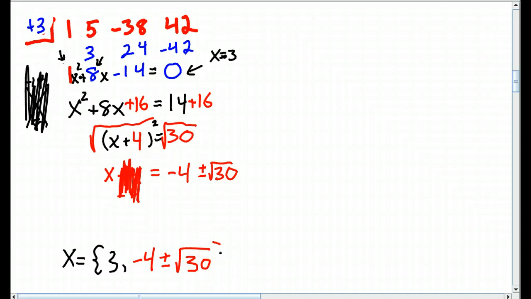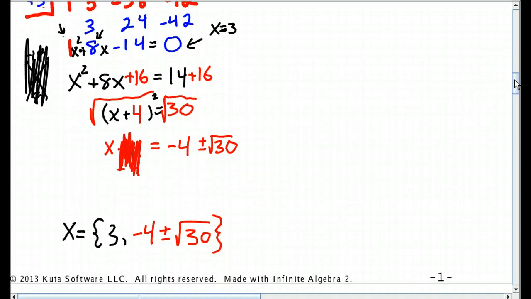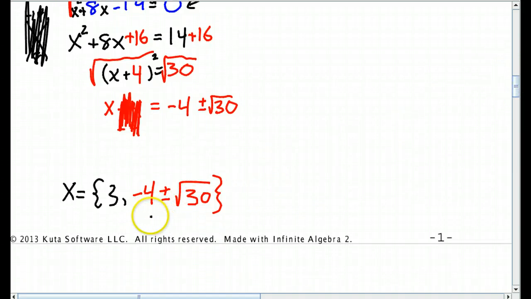And we're going to leave them in exact form. We're not going to do decimals. But if we did, what would this mean? This would be like 1.2 and negative like 9.8 or something. So if you graphed it, if I did a little sketch, this is what it looked like.